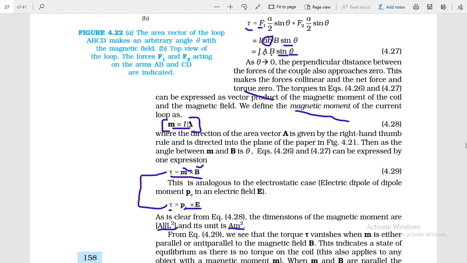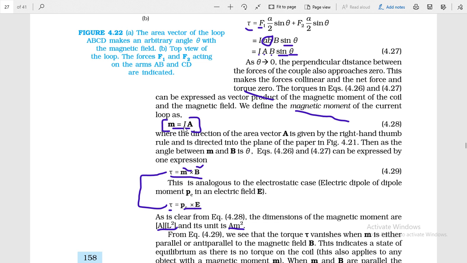This magnetic moment is a vector quantity and a very important physical quantity, and it will help you solve many difficult questions of this exercise of this chapter. So you must remember how to find the value of the magnetic moment of the loop.